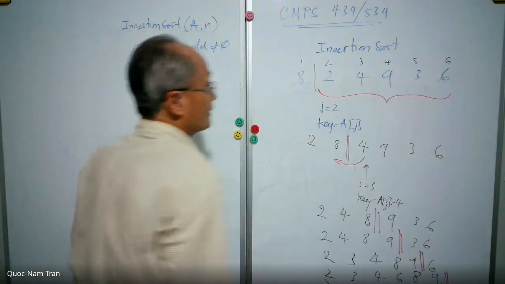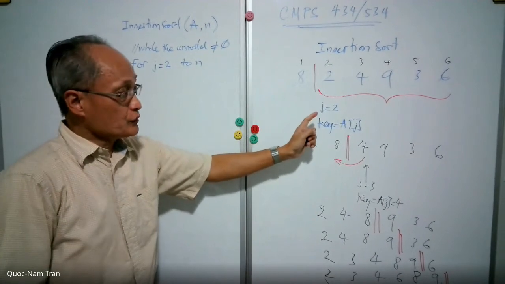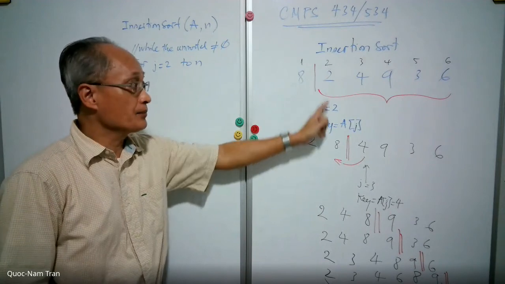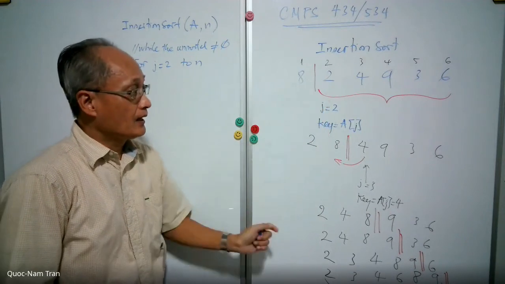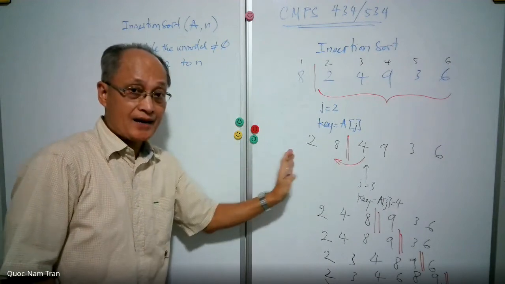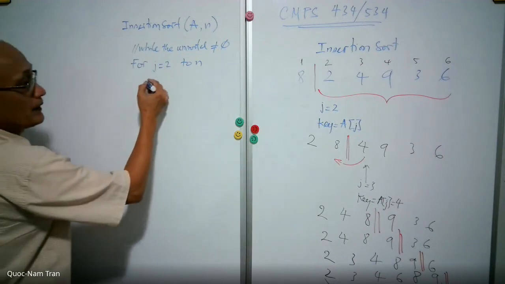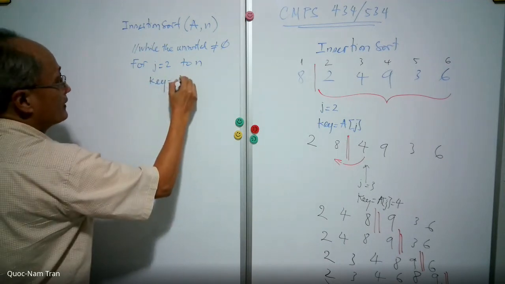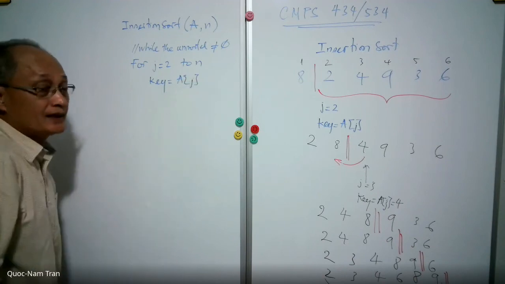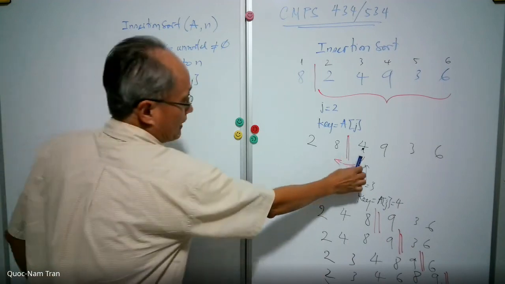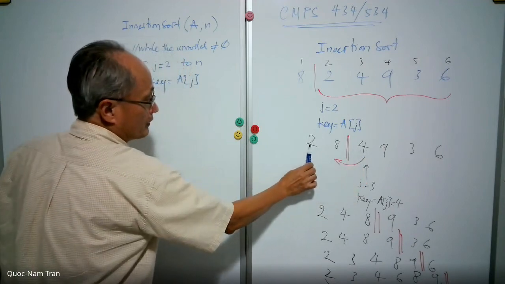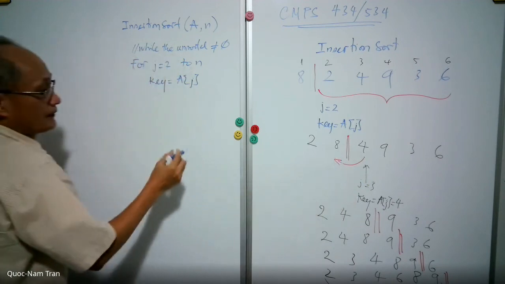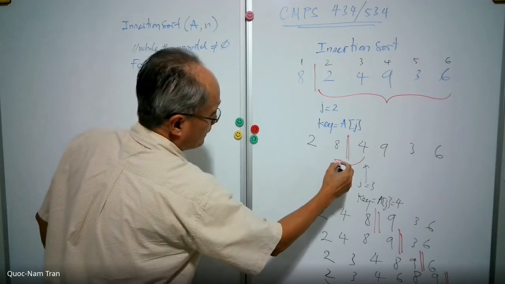From 2 to n, we need to keep track of the value of the first element of the unsorted part, right? And then after that, we scan. So we would have key is assigned with A[j], right? And after that, we insert this one into here. So we need to find out where we start scanning the values.